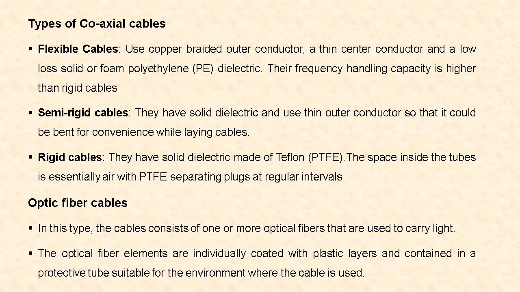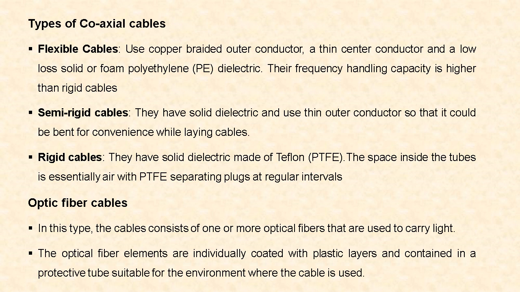The coaxial cables are classified as flexible cables, semi-rigid cables, rigid cables. The flexible cables use copper braided outer conductor, center conductor which is thin, and it has polyethylene dielectric. The frequency handling capacity of these flexible cables are higher compared to rigid cables.